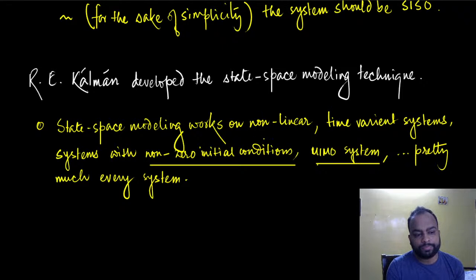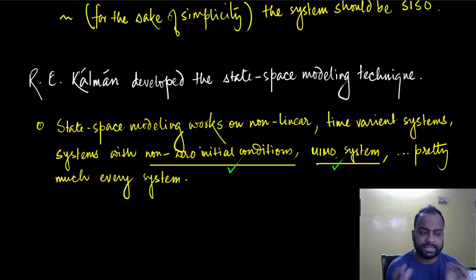But how you track and model nonlinear systems, how you model time variant systems, for that you have to use certain techniques. Unfortunately, we are not going to learn that. So we are going to use state space modeling exclusively for the purpose of dealing with non-zero initial conditions and MIMO systems.